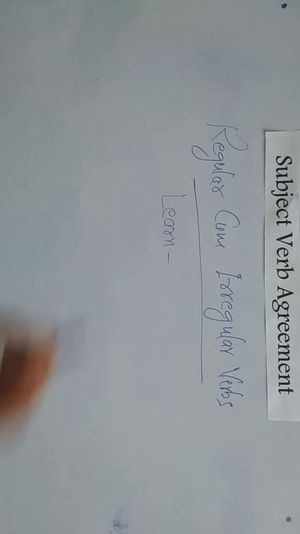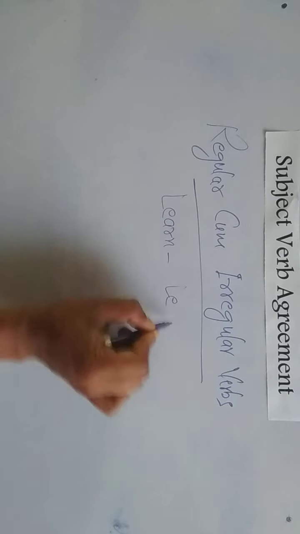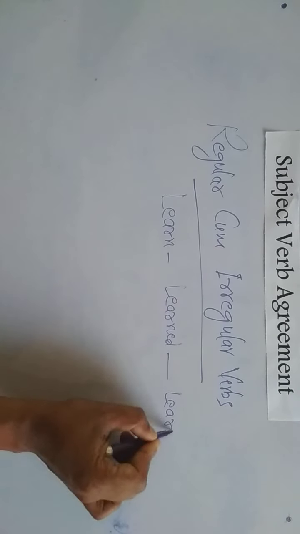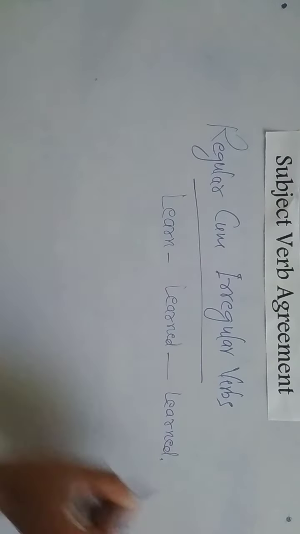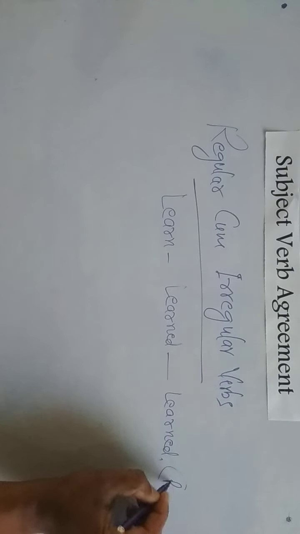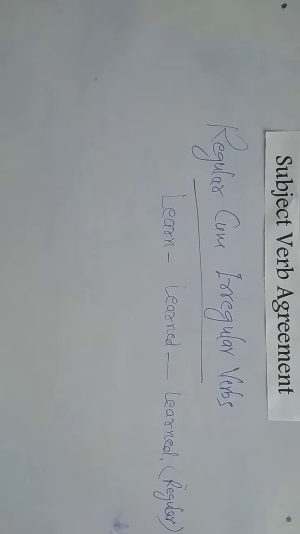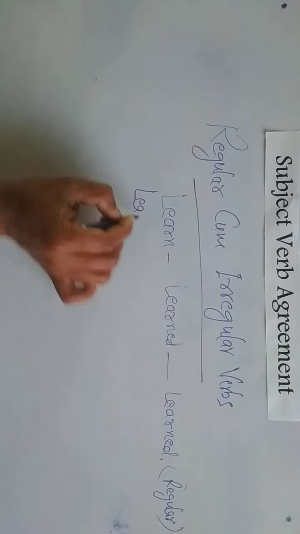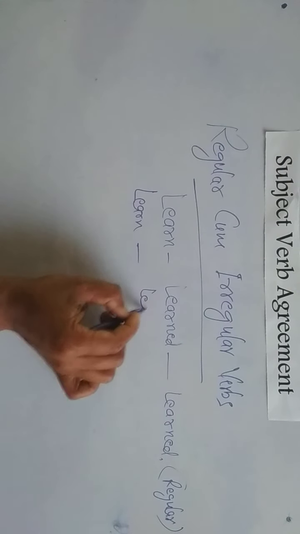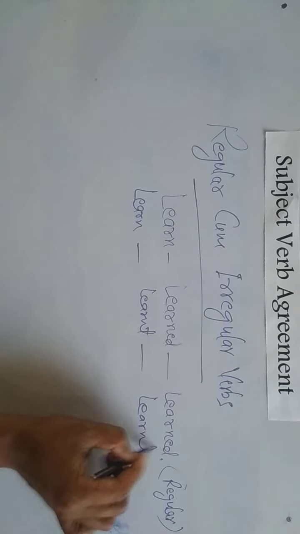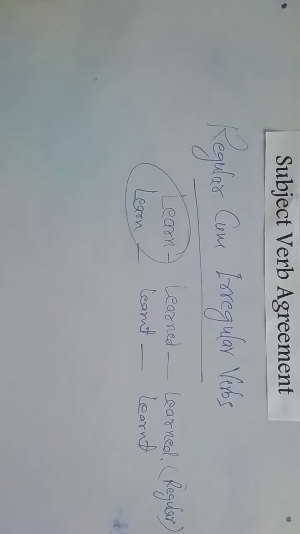If we change it into regular forms, then it will be learned and learned. But the same can be irregular as well: learn, then learnt, learnt. So the verb learn can be regular as well as irregular.